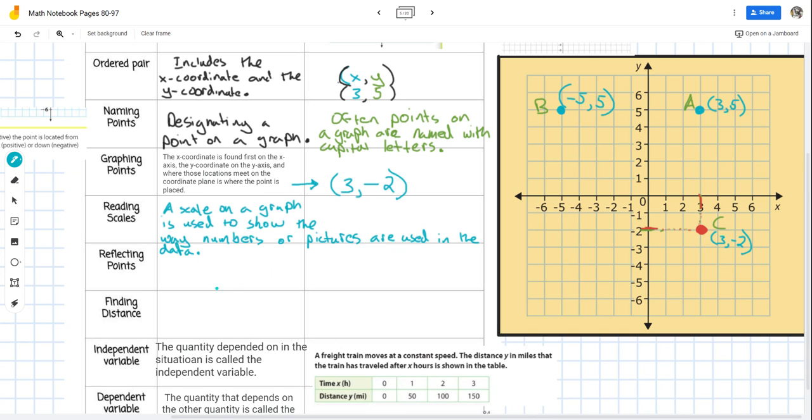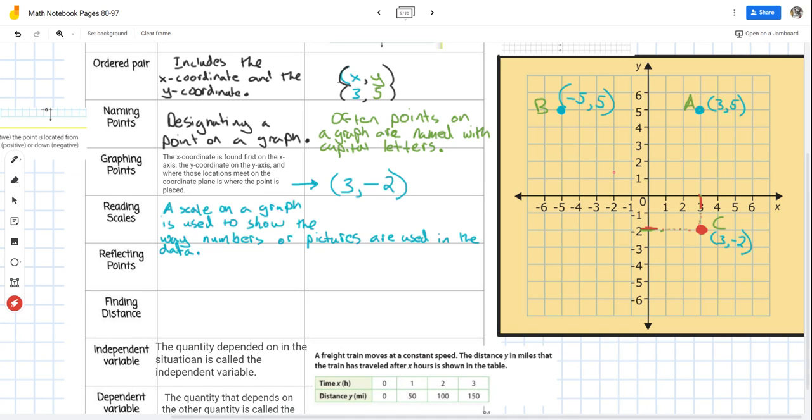Okay, so let's give you an example here. Reading scales. So you might see 1, 2, 3, 4, 5, 6, and then on the side a reading scale might say for every one on the y-axis equals 5 children in the classroom or something like that.